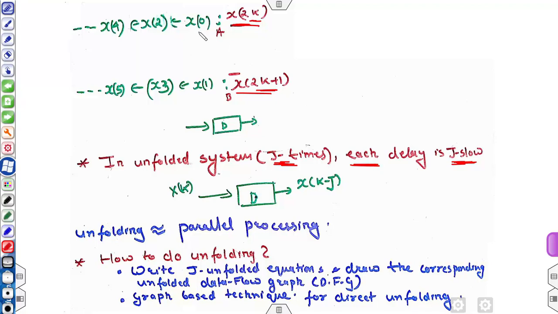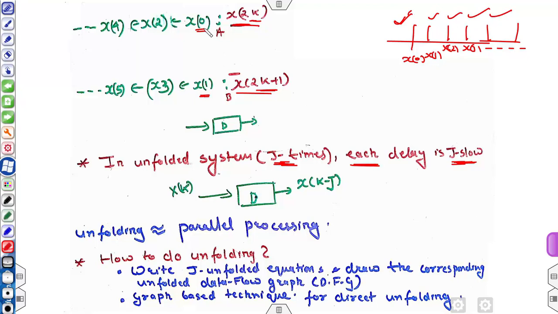Let's say that this is port A and this is port B. So initially x[0] will be provided at port A and x[1], that is the next sample, will be provided to port B. So this is the sequence of samples: x[0], x[1], x[2], x[3], and so on. Starting with x0, samples will be introduced to the system one by one.